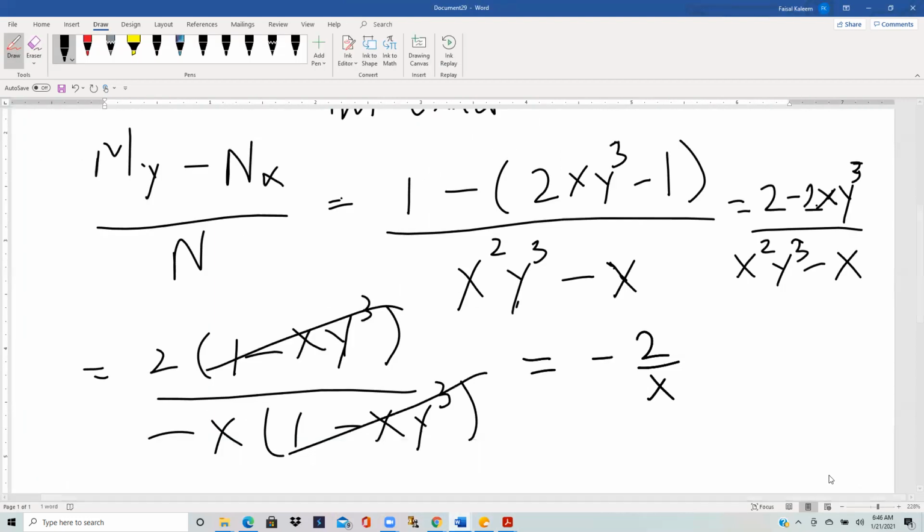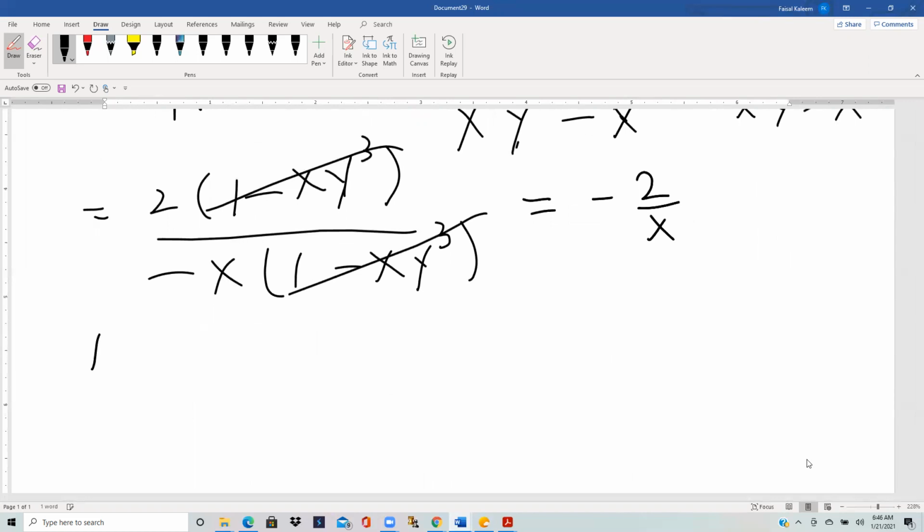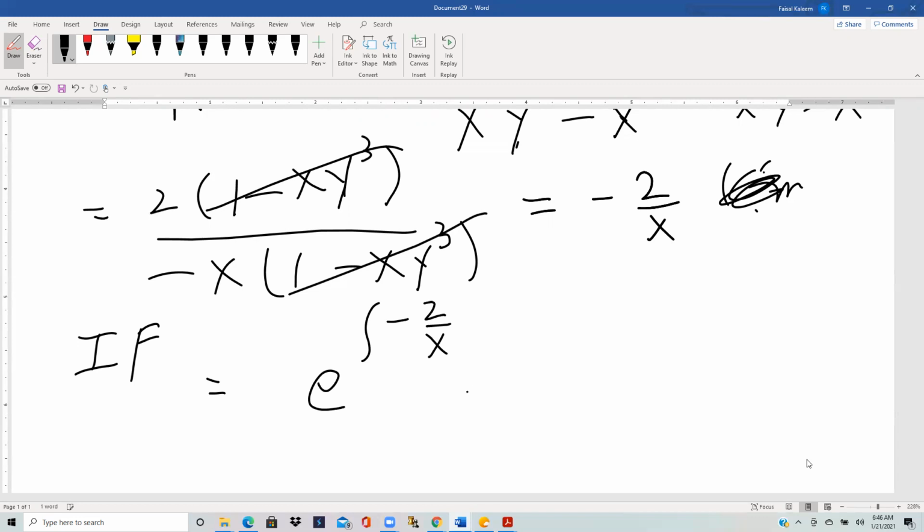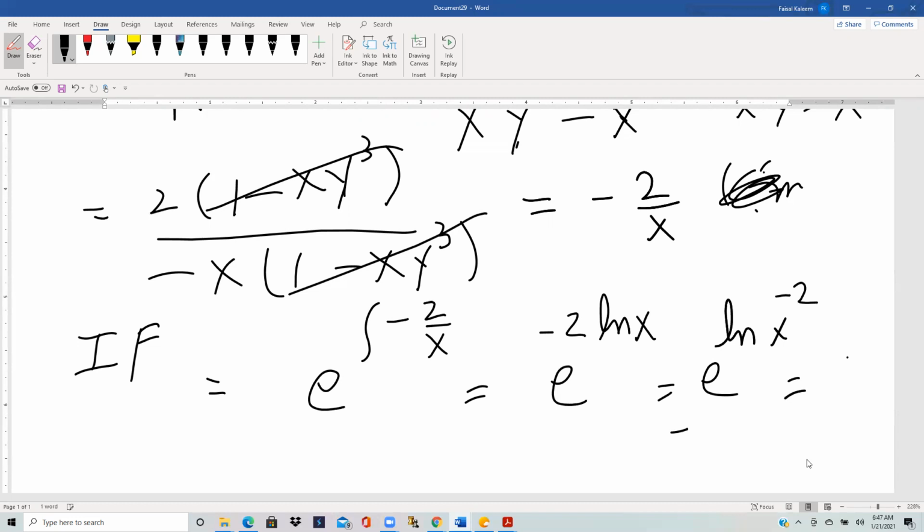So the integrating factor, a function of x, is e to the integral of this quotient, which is -2 over x, equal to e to the -2 ln x, equal to e to the ln x to the -2, so we can cancel the e and ln to get x to the -2.